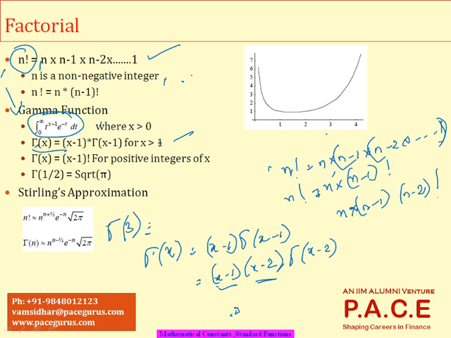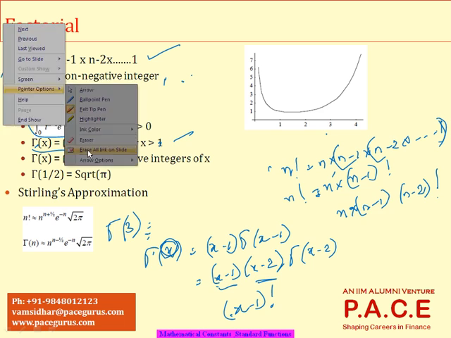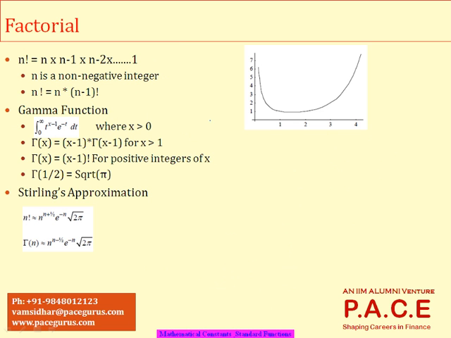So it actually goes like x minus 1 factorial itself, if x is a natural number. So the questions that can generally come for you with respect to gamma: gamma of x is equal to x minus 1 factorial if x is a natural number.